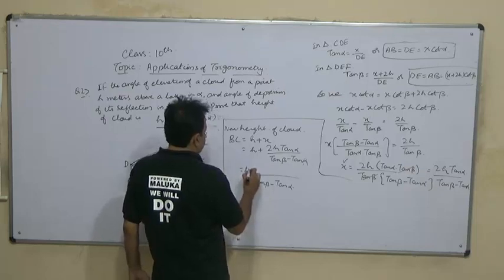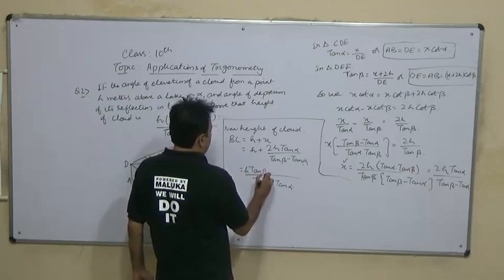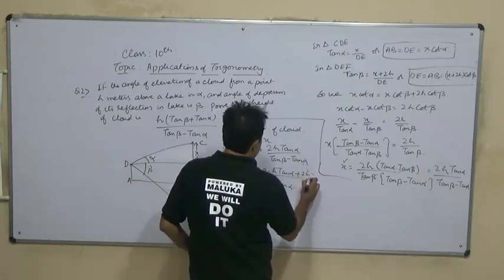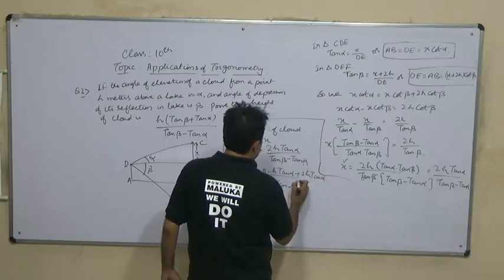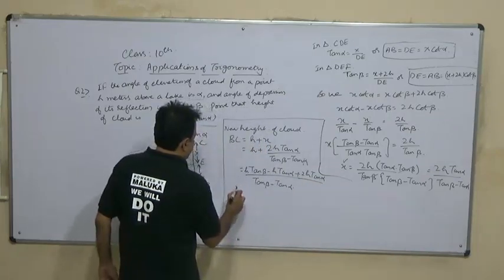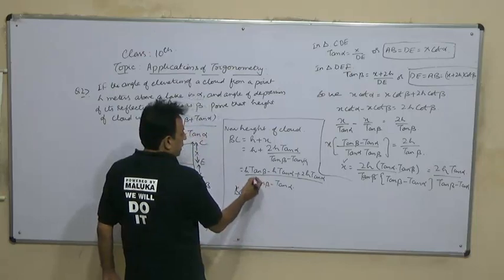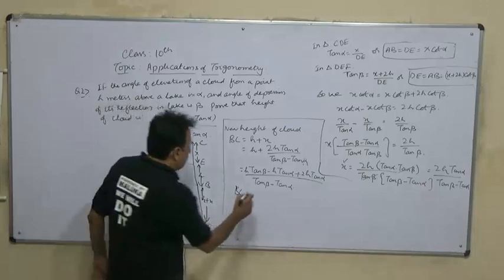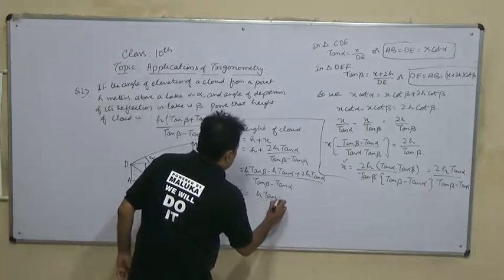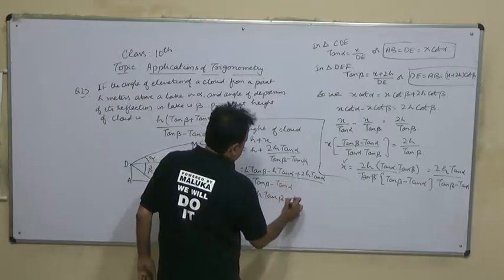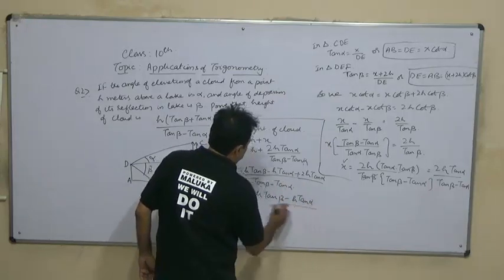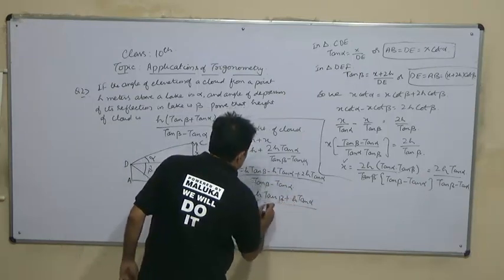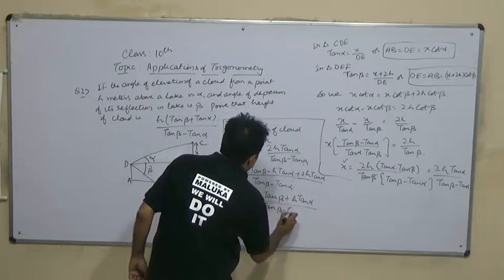So this will be h tangent beta minus h tangent alpha plus 2h tangent alpha. So BC is equal to, now 2h tangent alpha minus h tangent alpha is h tangent alpha, so this will be h tangent beta plus h tangent alpha upon tangent beta minus tangent alpha.